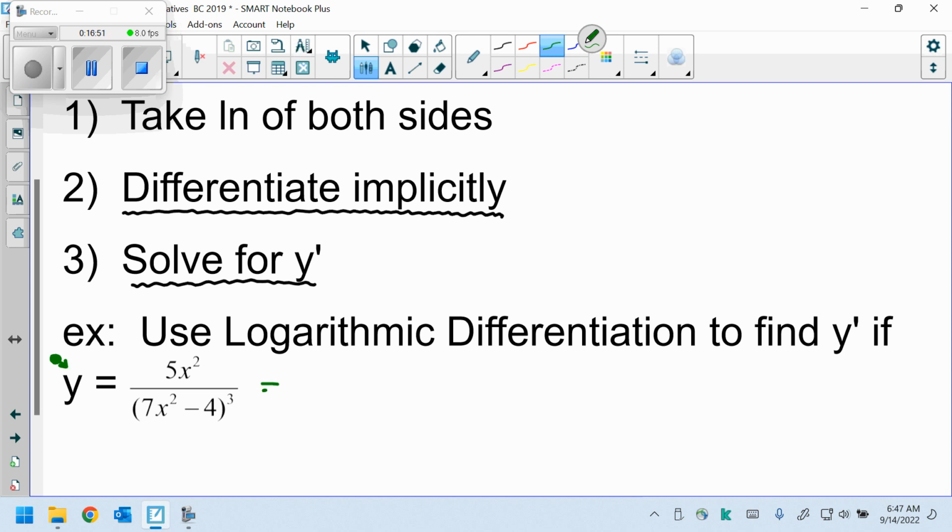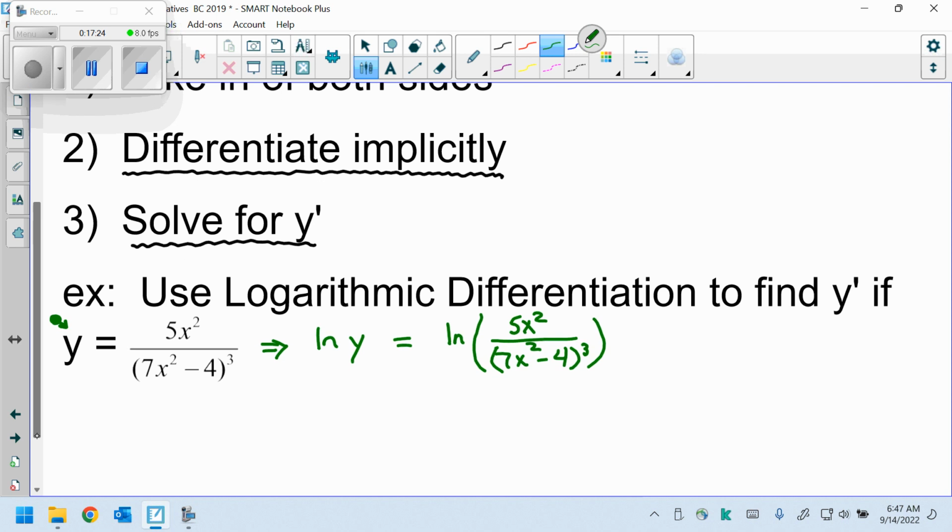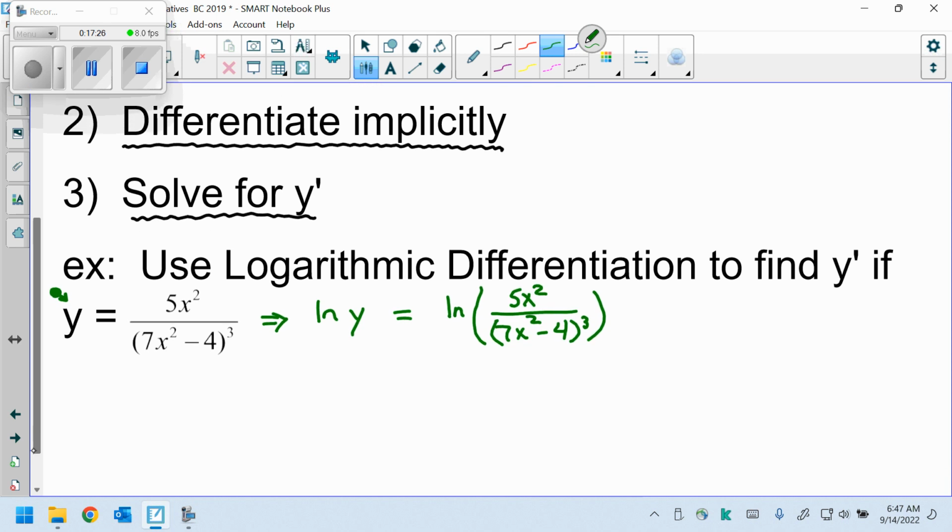So this thing is going to become the natural log of y equaling the natural log of 5x squared over (7x squared minus 4) to the third. Now, before I differentiate this implicitly, I'm going to rewrite it.